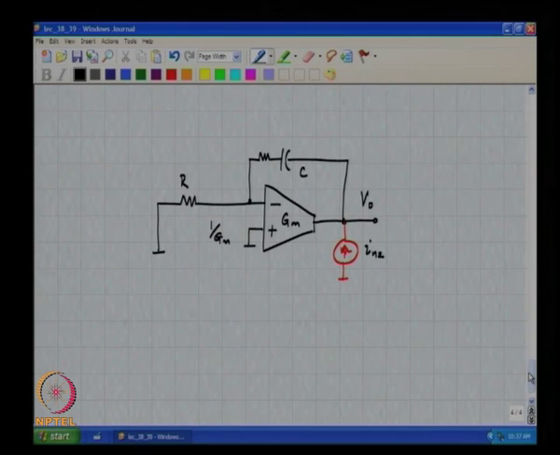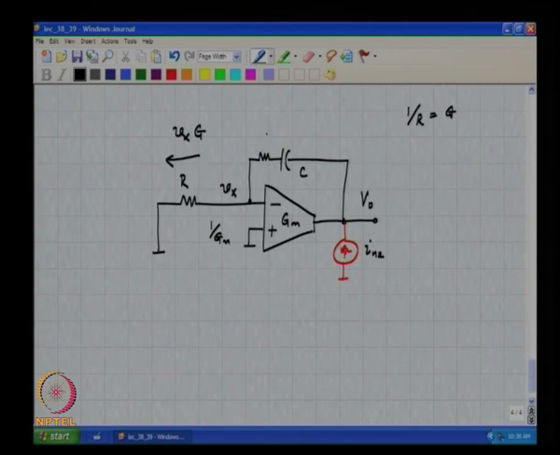So, how would one calculate the effect of IN2 on the output? Let us calculate this voltage. Let us assume that this voltage is Vx, correct. So, this current will be Vx by R, which I will denote by G. Okay.